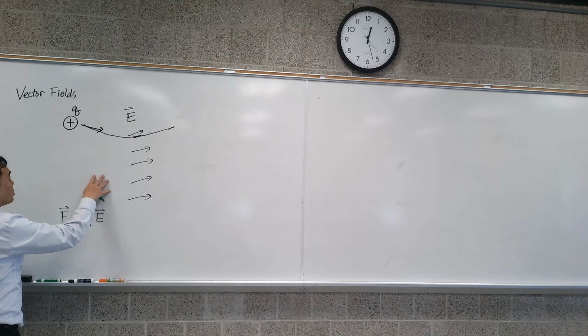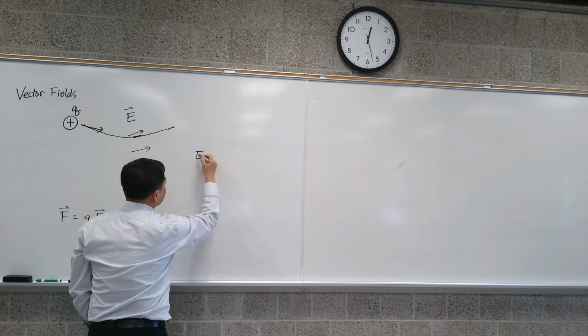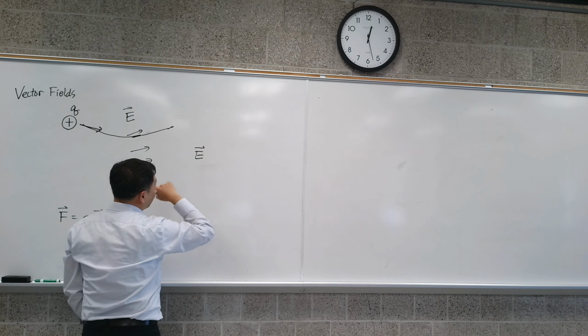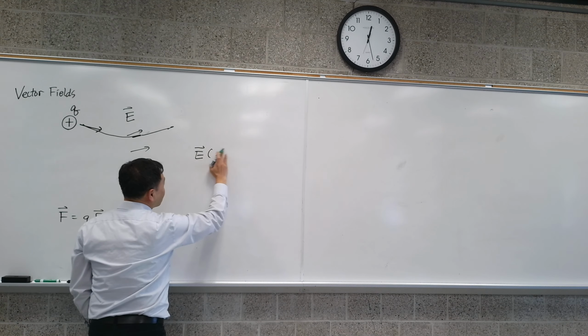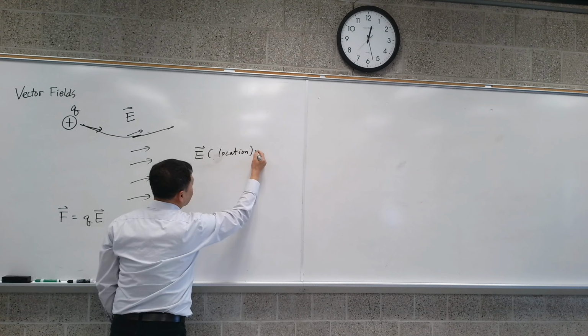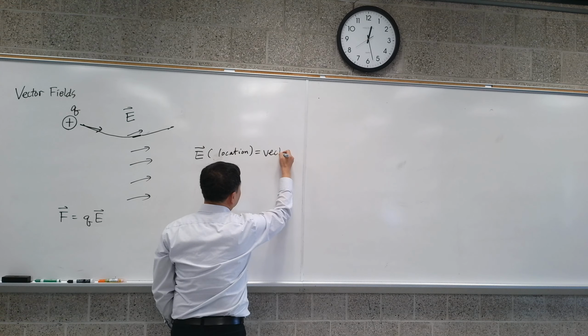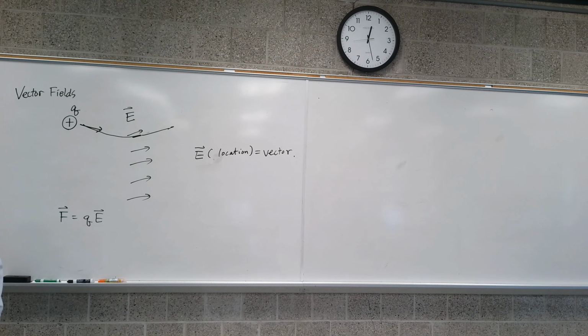To model such a situation, you need to think of E, vector field E, as something where if you give it a point, the location, then it gives you a vector, which gives you the strength of the electric field at that position.